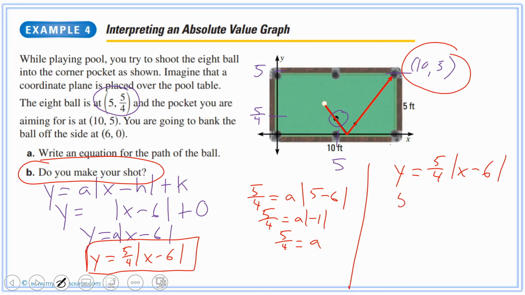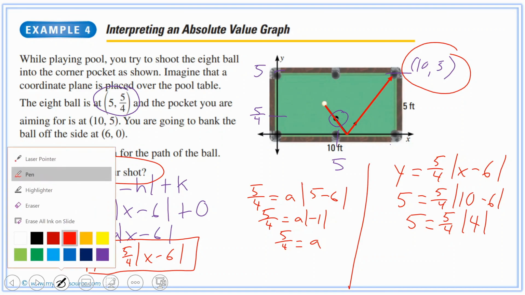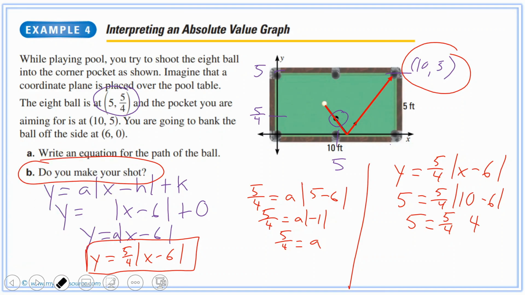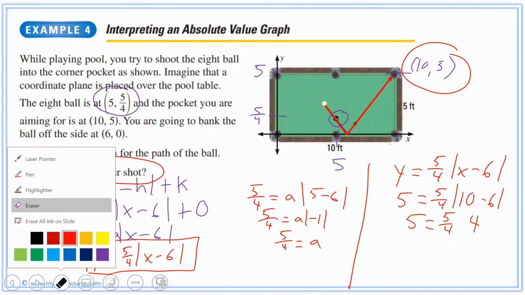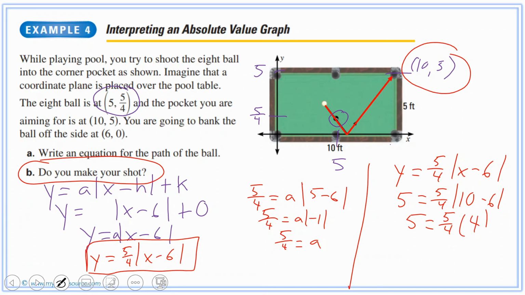Our y value is 5, we have 5 over 4, our x is 10, subtract 6. So that's 5 is equal to 5 over 4 times 10 minus 6. 10 minus 6 is 4, and the absolute value of 4 is 4, so you don't really need the absolute value signs anymore. We can just take those out. And remember, you're multiplying, so you're actually saying 5 over 4 times 4. Those 4's cancel, and you do get the identity. So yes, you will make the shot.